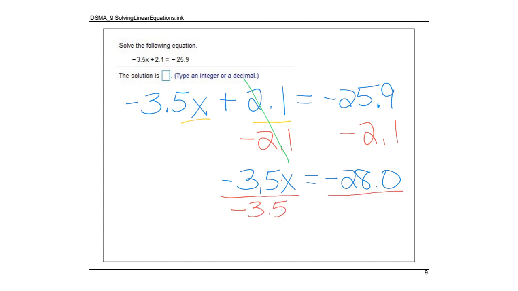But make sure you grab the negative along with that when you divide, because we want positive x, we don't want negative x. All right, I think we get 8. And that's it. That's our solution.